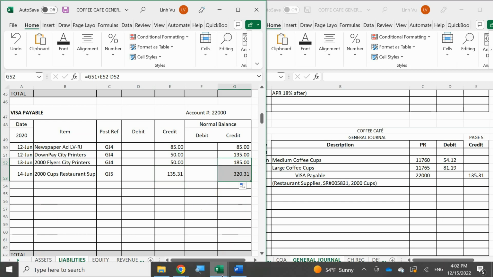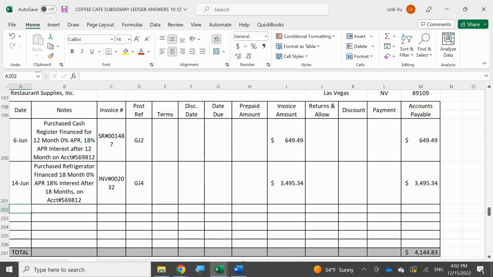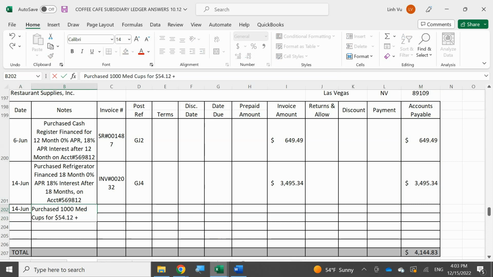So last thing I gotta do here is plug it into my subsidiary ledger. Right here, I'm already on Restaurant Supplies because today's the 14th, right? And you can go ahead and put through the same thing. Purchased 1,000 medium cups for $54.12 plus 1,000 large cups for $81.19.